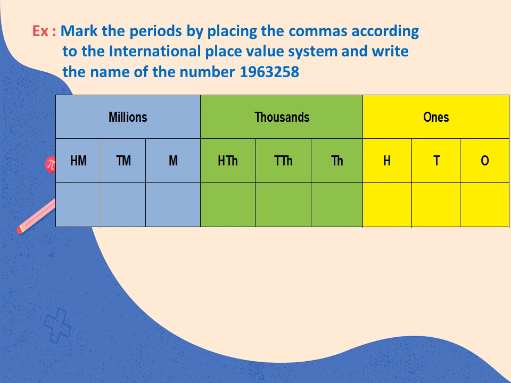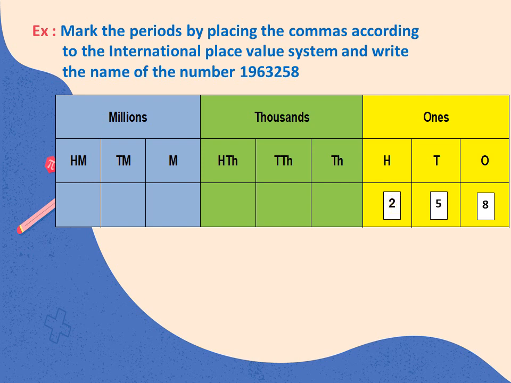We start entering the digits in the place value chart from right to left, that is from ones place. Let's start entering the digits. 8 comes in ones place, 5 comes in tens place, 2 comes in hundreds place.